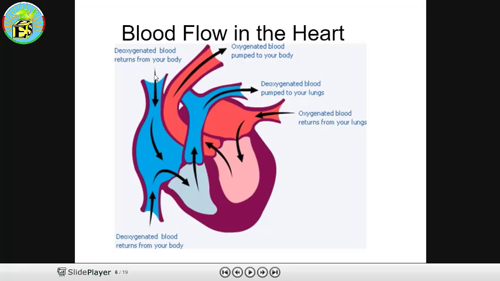It will enter through the right atrium. By reaching the right ventricle, it will be pumped towards the lungs, from where it will get the oxygen, and from the lungs it will go back towards the left atrium, enter the heart, and pass into the ventricle, and the left ventricle will pump the blood towards the body.